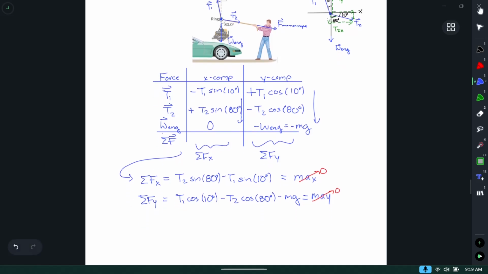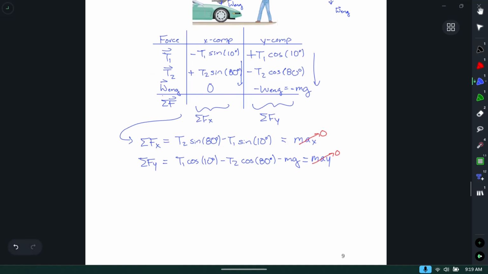All right, now what? You can express T1 in terms of T2 or the other way around. Yeah, exactly. So at this stage, we've done all the physics there is to do. We're just at algebra now. We have to solve these two equations to get T1 and T2. It's a system of two equations, two unknowns. It's painful but doable.